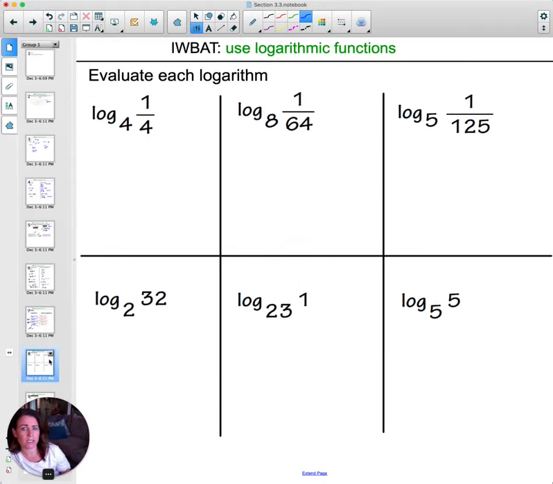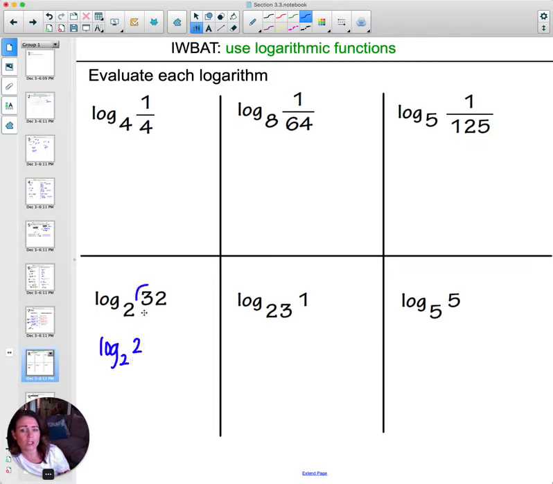So let's take a look at some examples of this. Anytime you can, you want to get the base of the log to match the base of what's inside of it. So let's look at this one first because we've already seen 32 as a power of 2. So if you're going to rewrite this, this is log base 2 of 2 to what power?